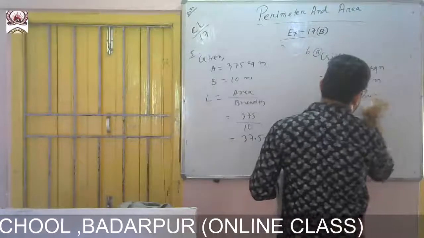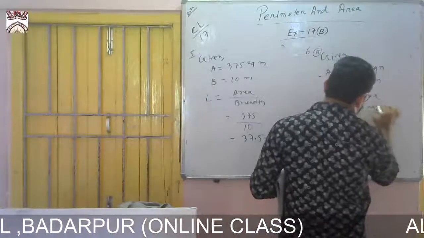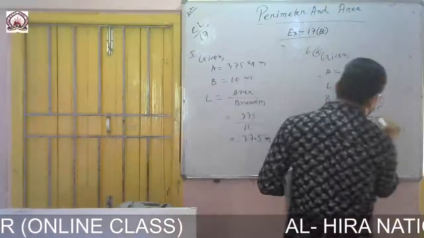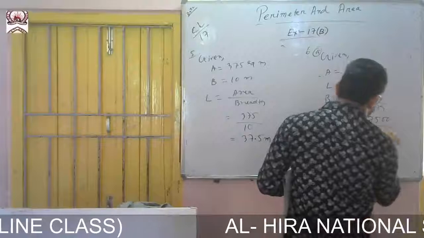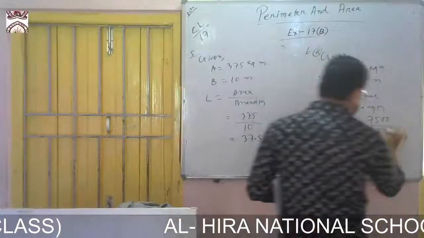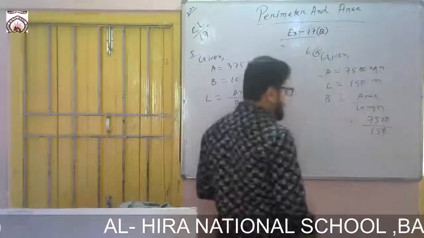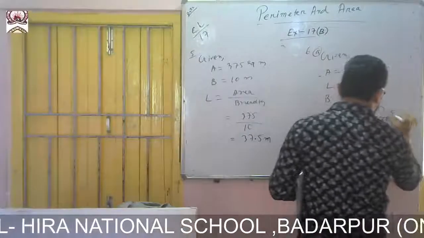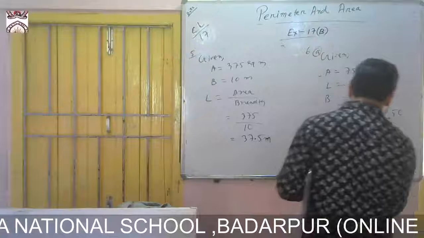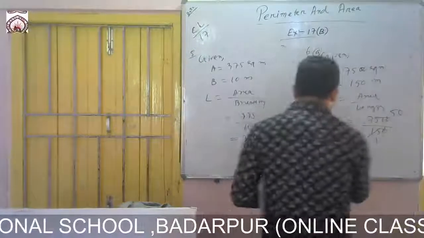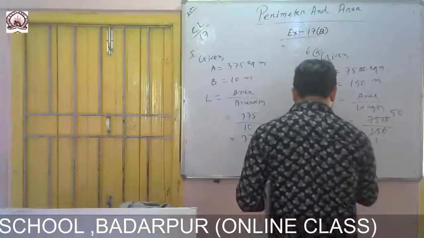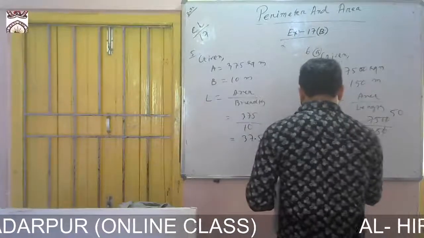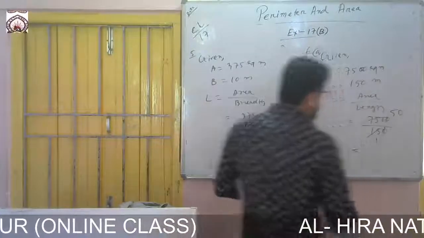So area is 7500 by 150. If you cancel this 00, then 15 5s are 75, then remain 10, 50. So 15 5s are 75.